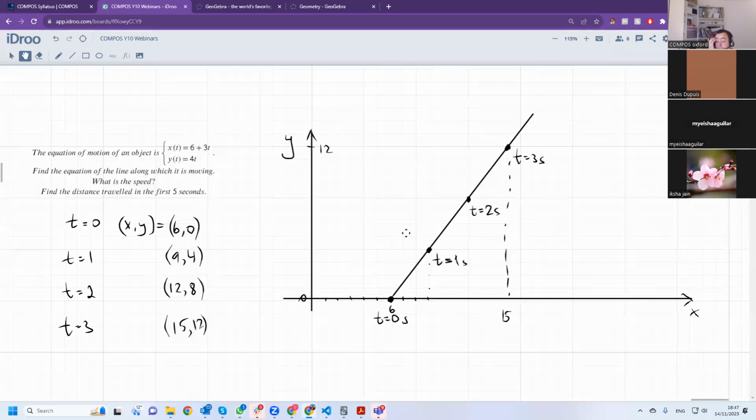Equation of a straight line. The equation of a straight line is y equals mx plus c. So to work it out, you need the slope, the gradient, and you need the y-intercept, which is c. What is the gradient? Okay, let's work it out. The gradient is 4/3. Very good. So it's 4/3 x plus. What is the y-intercept?